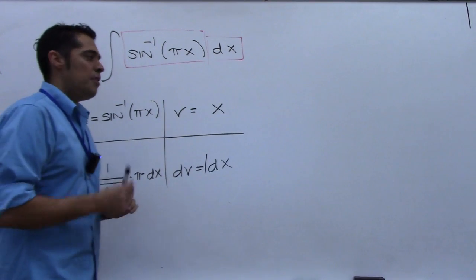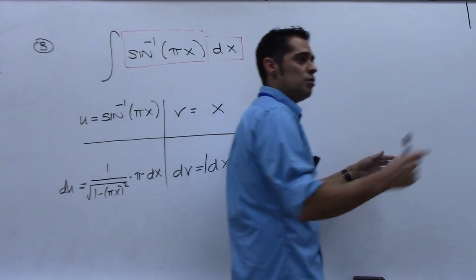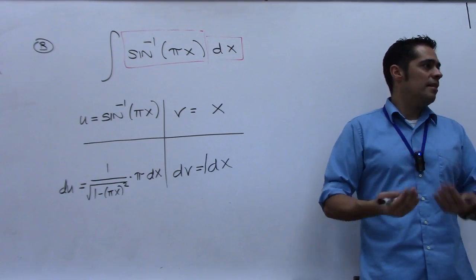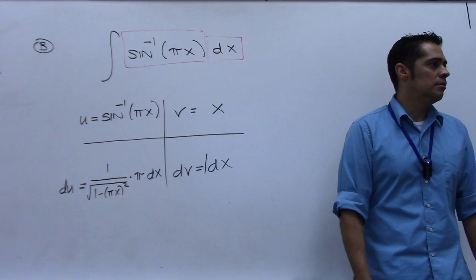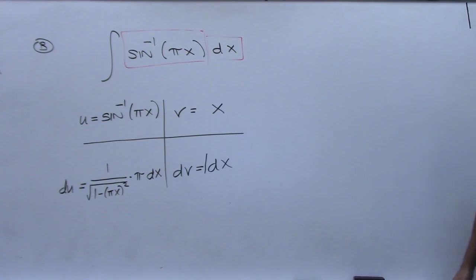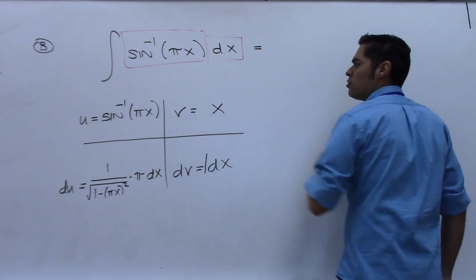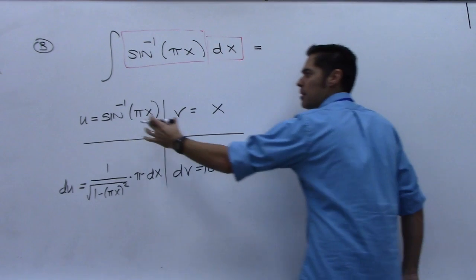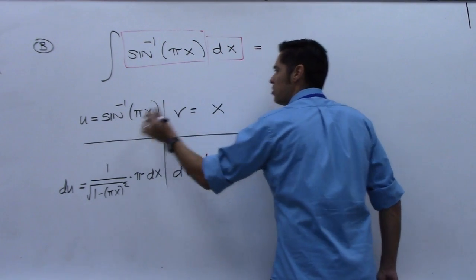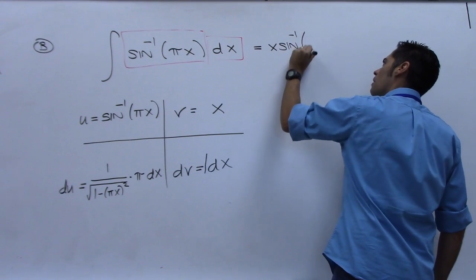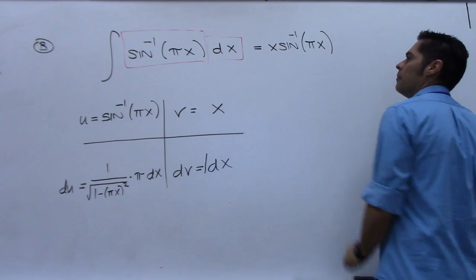The thing that should tip you off is that when you choose dv, you better be able to integrate it. If you can't integrate dv, you're in trouble. All right, so let's move on. We're not done. This should turn into uv, which is going to be this times this. So I'll put the x in front, x arc sine of pi x. Do we agree?